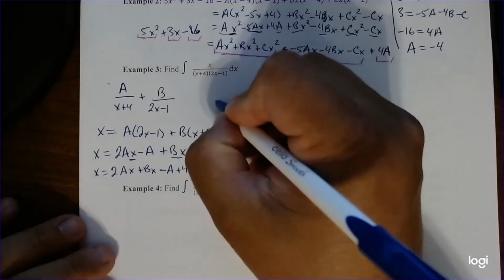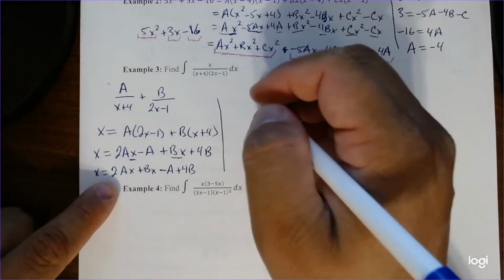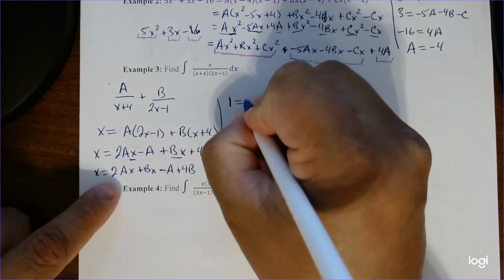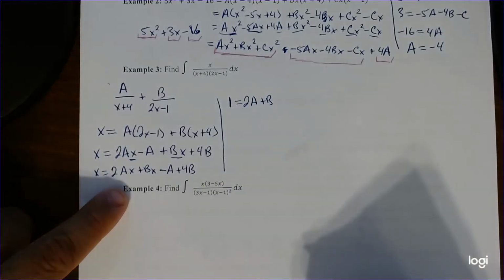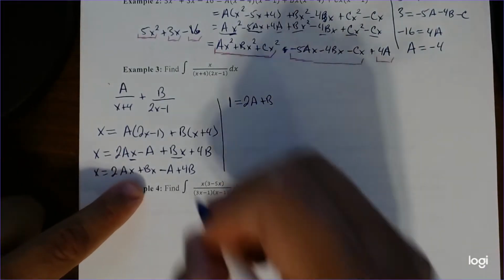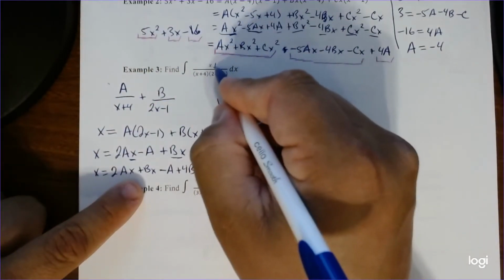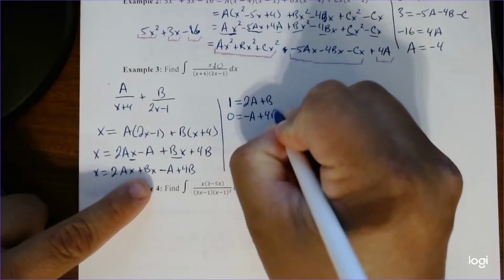Now, according to what we have, the coefficient of x is 1, so 1 is equal to 2a plus b. And we also know that 0, because we have no whole numbers, they're technically plus 0, is equal to minus a plus 4b.